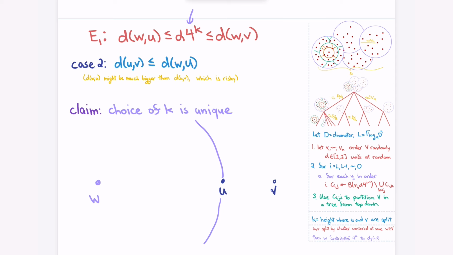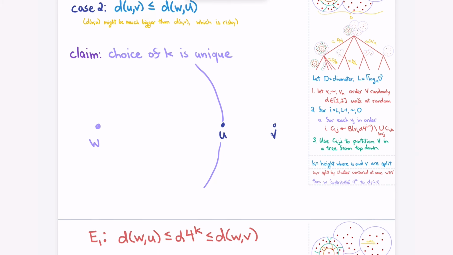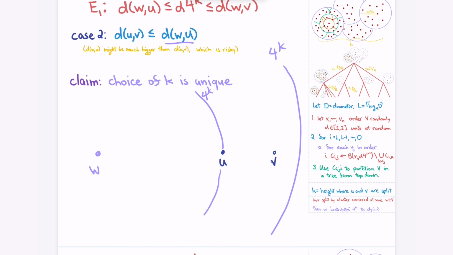But at some level, if this was exactly 4 to the K for some choice of K, then 4 to the K plus 1 would have to be way too big if you work through the consequences of this. It's just going to be triangle inequality. There's really only one choice of K that's going to have any overlap.